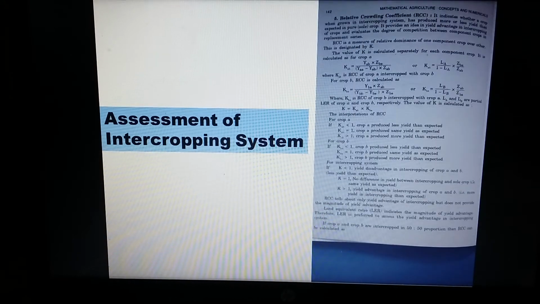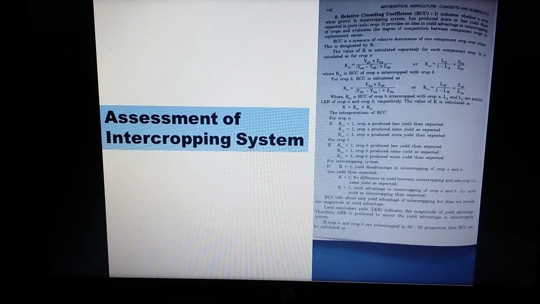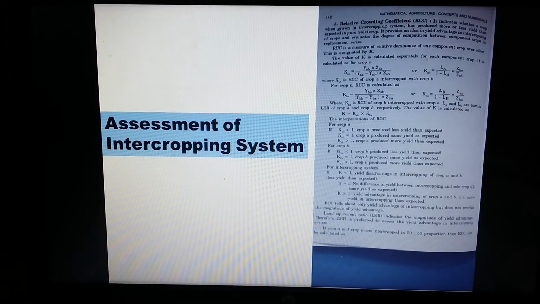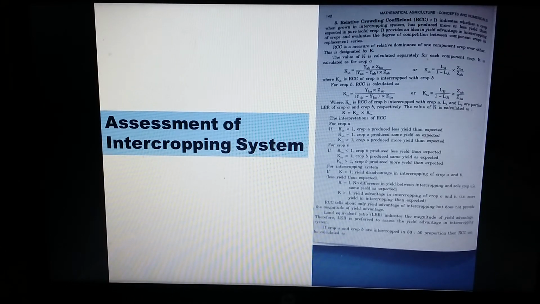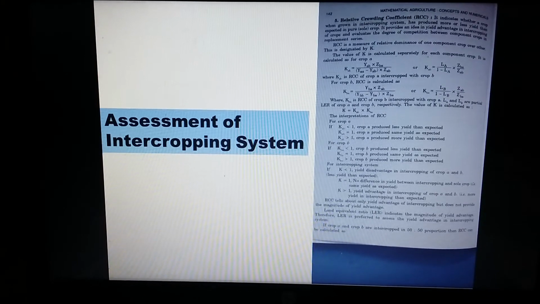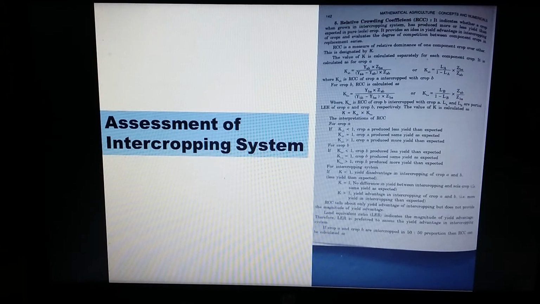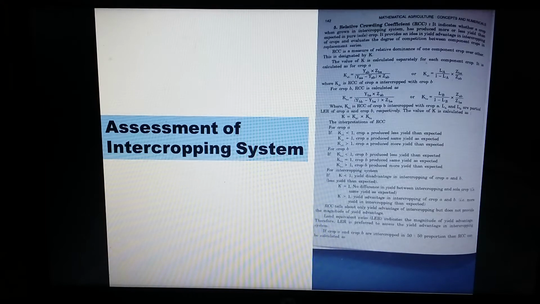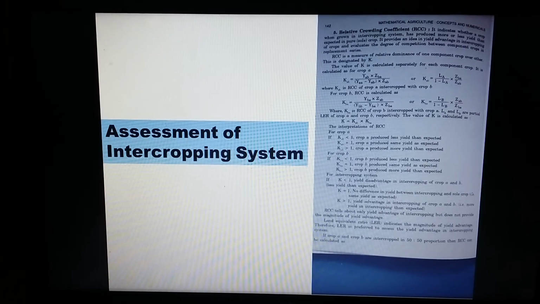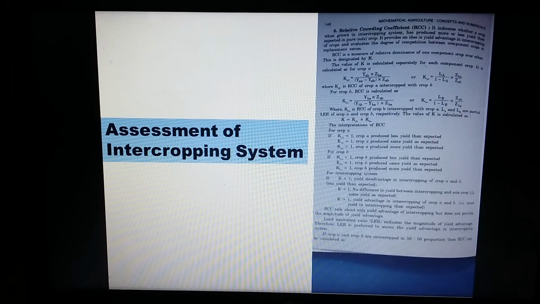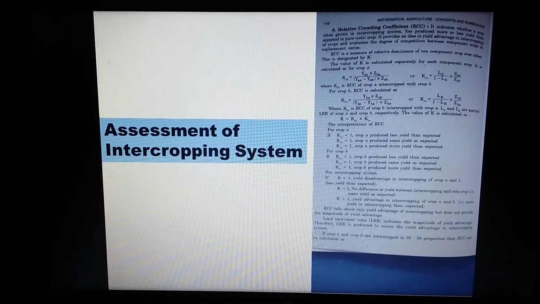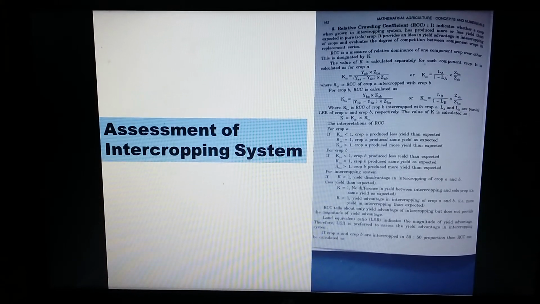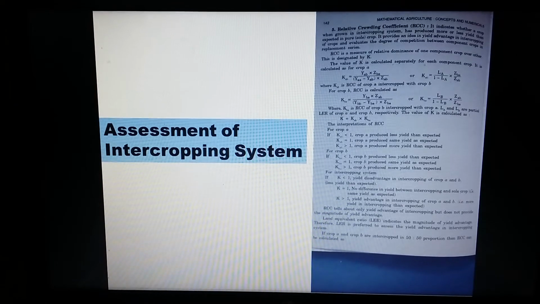So, I think we have to move on to the next assessment of intercropping equation, and our next equation is the relative crowding coefficient. Relative crowding coefficient is denoted as RCC. It indicates whether a crop grown in an intercropping system has produced more or less yield than expected in the pure or sole crop.